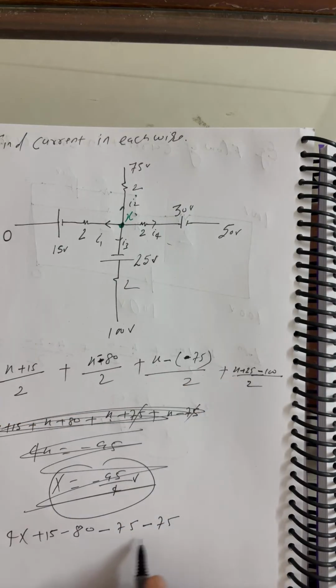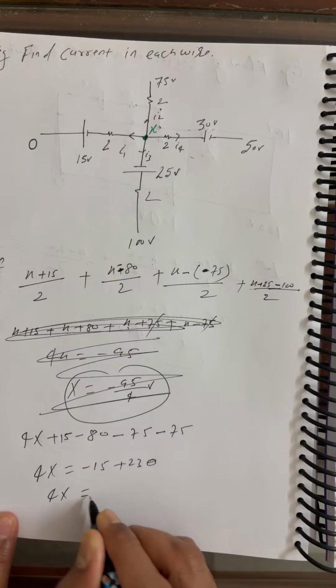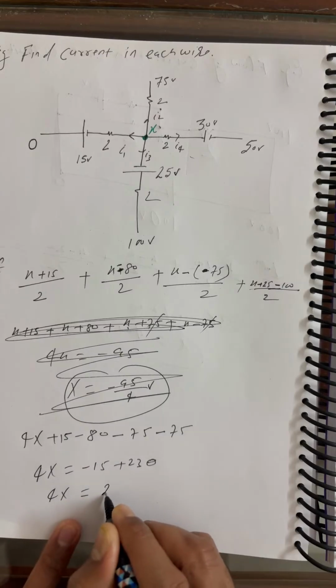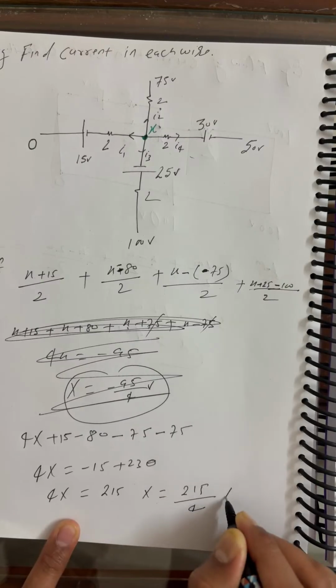So we can say 4x minus 150 minus 150, and this is 230. 4x is minus 15 plus 230, 215. So 4x is equal to 215, so x is 215 by 4 volt.